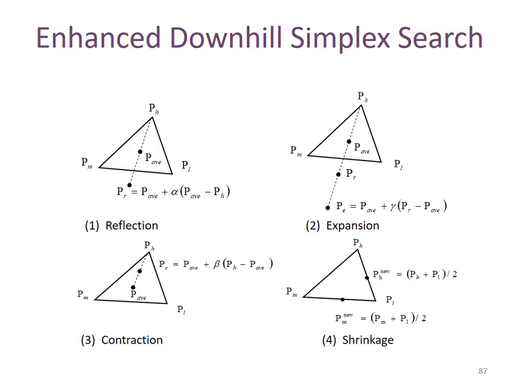So we apply extension. And then we have contraction. Once the other direction is not good, then we can go back to our previous direction. So we call this contraction. So the contraction actually is the interpolation of pH and P average. Then we can go to something in the middle.